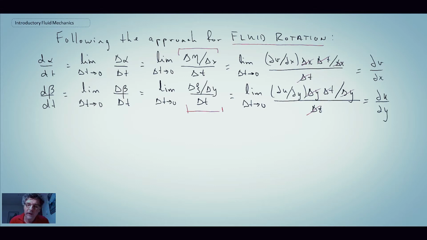And what we end up with is that partial u by partial y is the time rate of change of beta with respect to time.